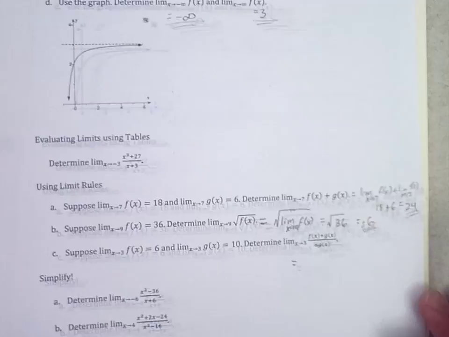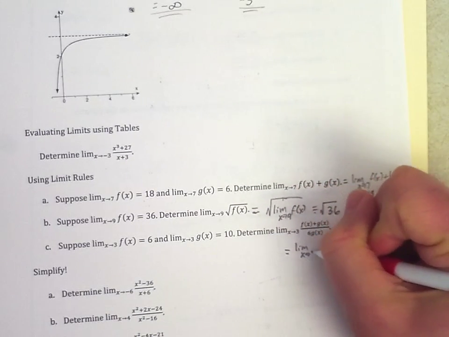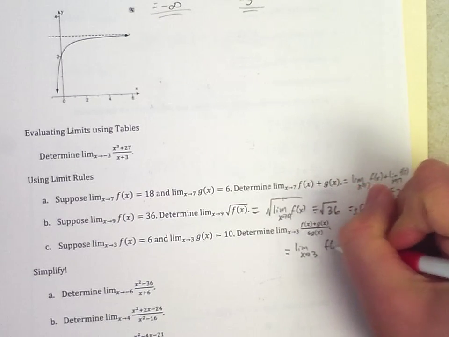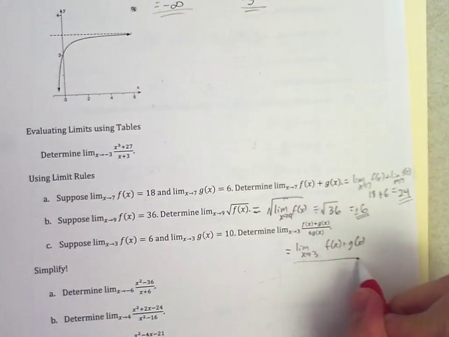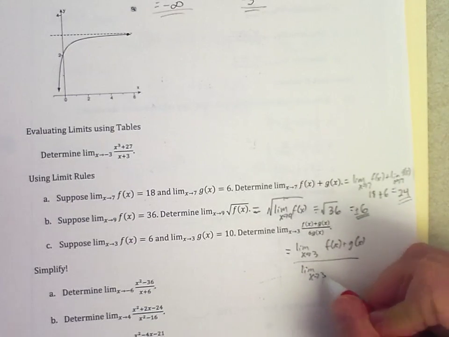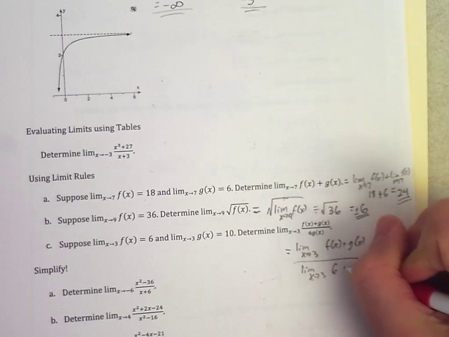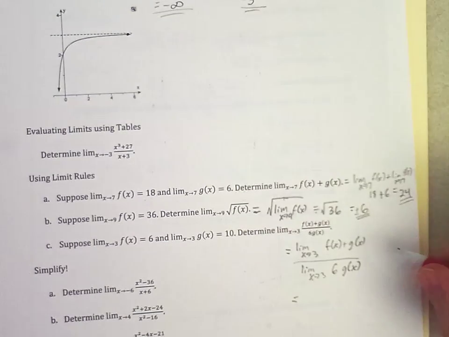So let's just do this piece by piece. We know that this can be the limit as x approaches 3 of f of x plus g of x over the limit as x approaches 3 of 6 times g of x. That's using the quotient law.